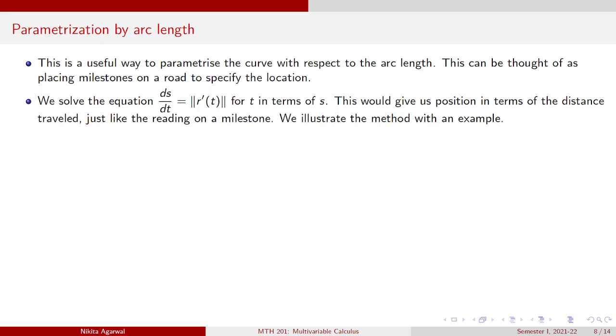Okay, we'll give an example in a minute, then it will be clear. This would give us position in terms of the distance traveled, right? Now, I'm thinking of distance traveled as the arc length function, right? That's the actual distance you're traveling along the curve, just like reading the milestone, how much you have covered.